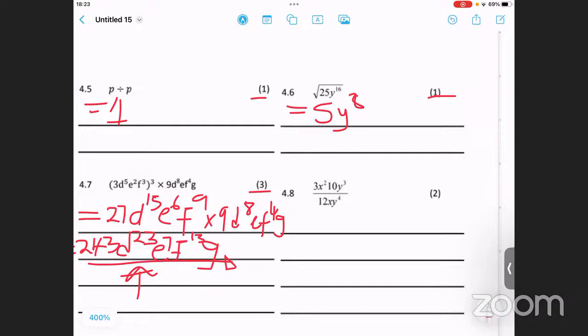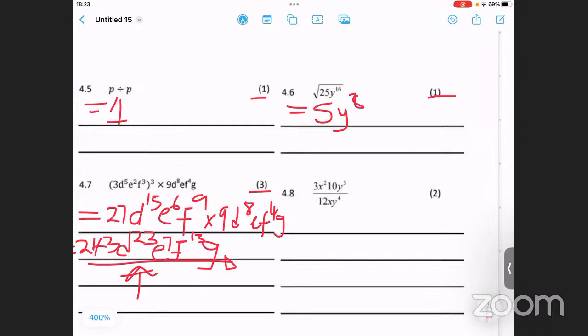Ma'am, you see there by the numerator, you multiply the 3x squared by the 10y cubed. Then it gives you 30x squared y cubed over the 12x y to the power 4.